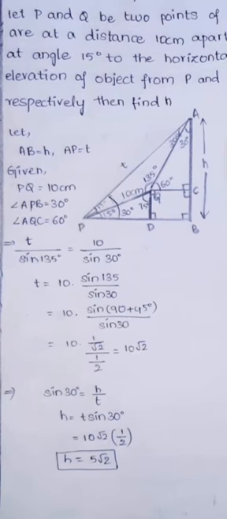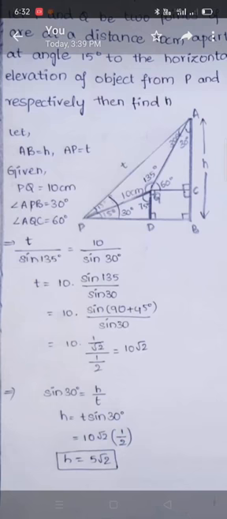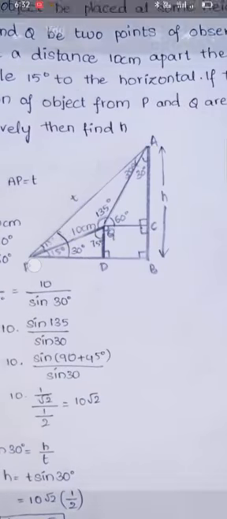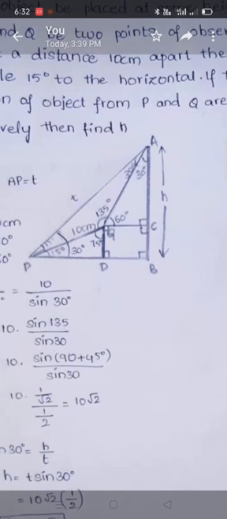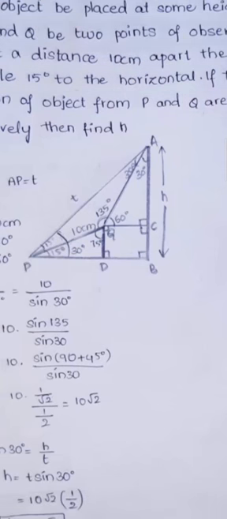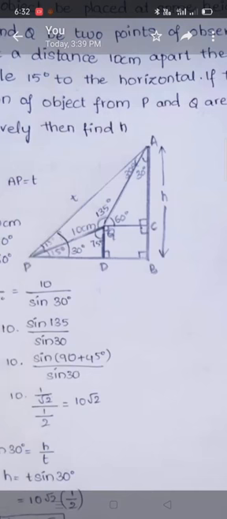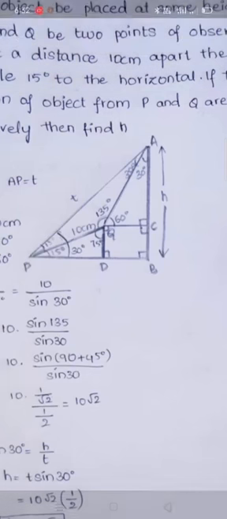So we have the T value: 10 into root 2. Now we are observing the triangle APB. The angle of elevation from P is 30 degrees. I am finding the sine of the elevation from point P for the triangle APB.